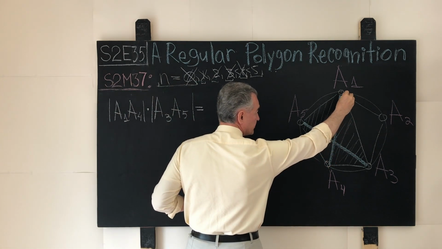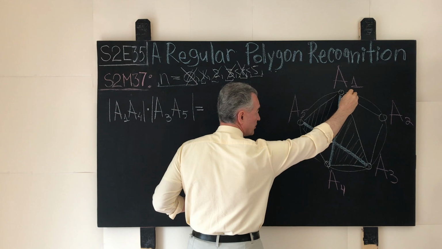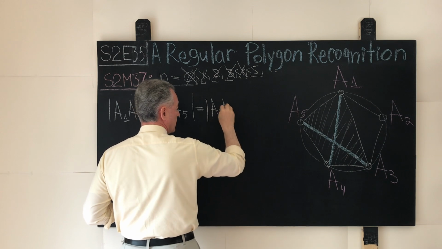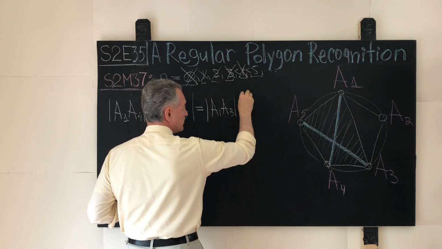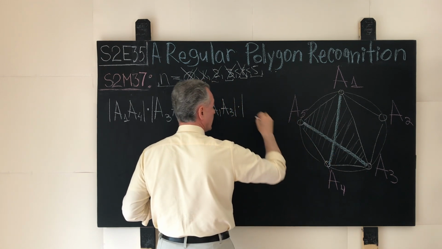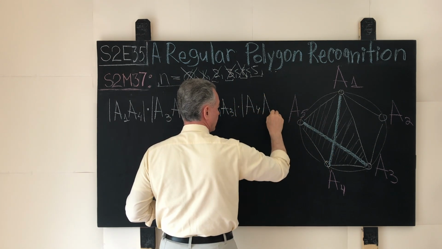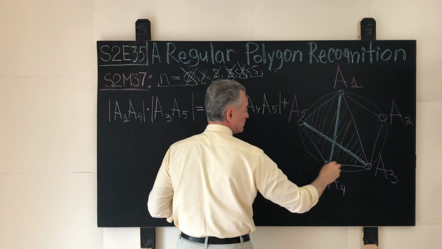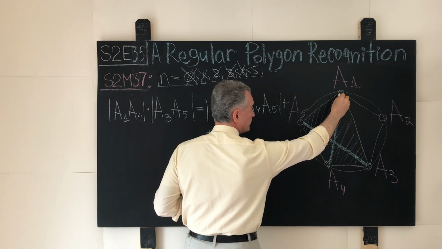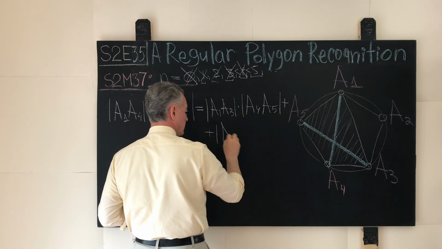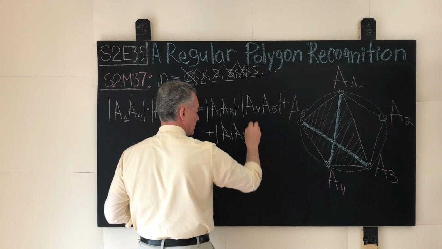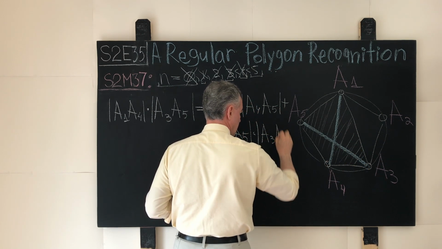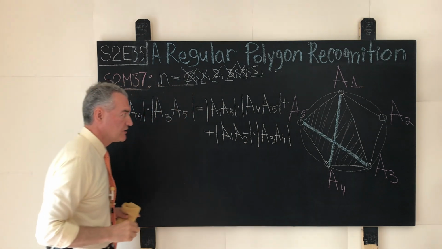The sum of products of the distances between the points A1 and A3 times A4, A5, plus the product of the distances between the points A1 and A5 times A3 and A4, the distance between the vertices A3 and A4.